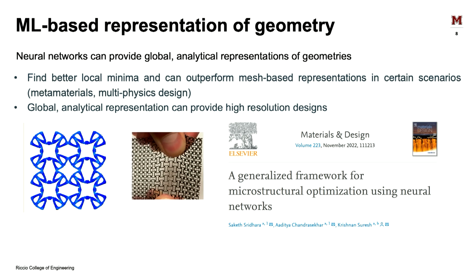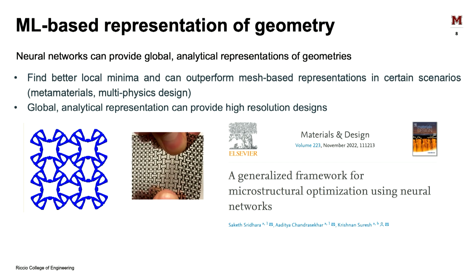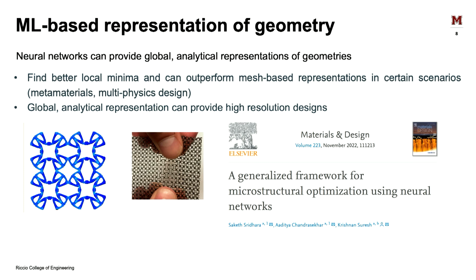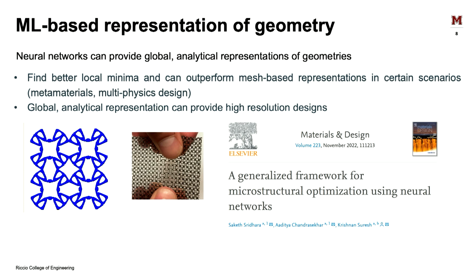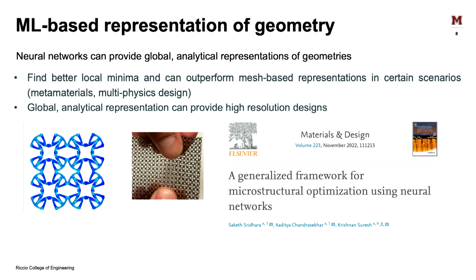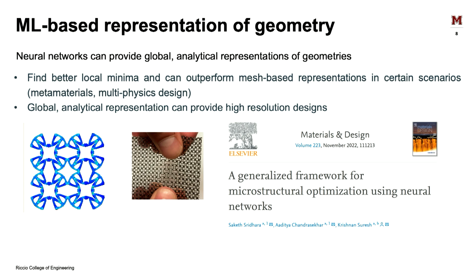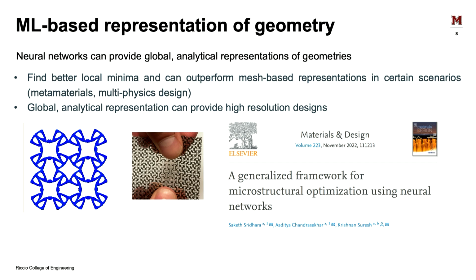For example, me with Adi here in the audience, we worked on a problem where we used neural networks and we were able to find better designs for negative Poisson's ratio problems. So the jury is out if it is going to solve all problems better, but there are some problems that neural networks can find better solutions when we use it to represent geometry. So just wanted to briefly mention that.